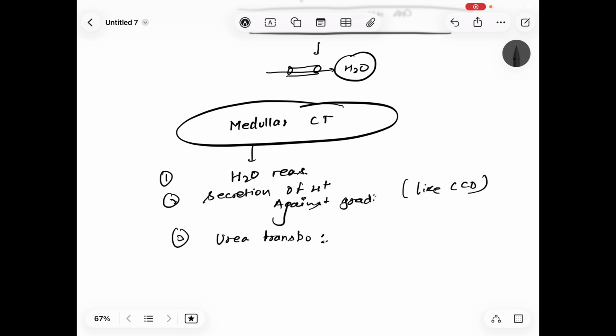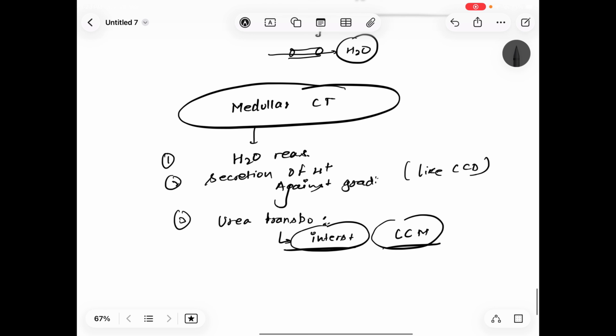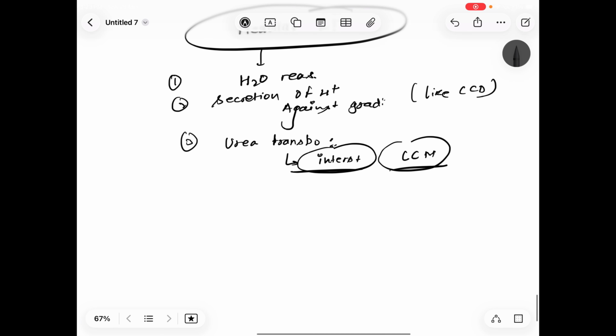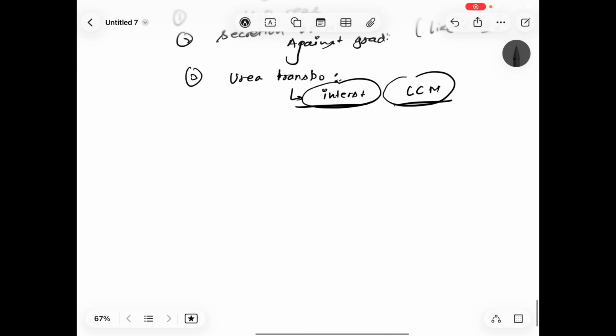So it helps to move the urea into the interstitium, which helps to maintain the countercurrent multiplier. So this is all we had to know in the physiology of the nephron.